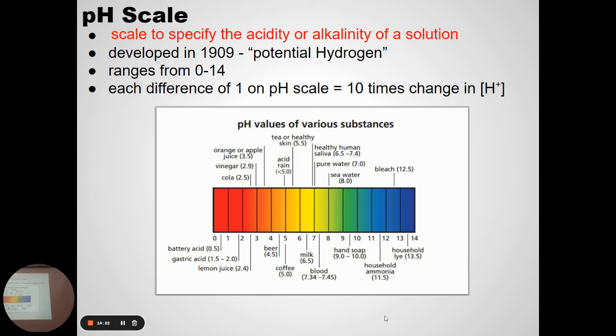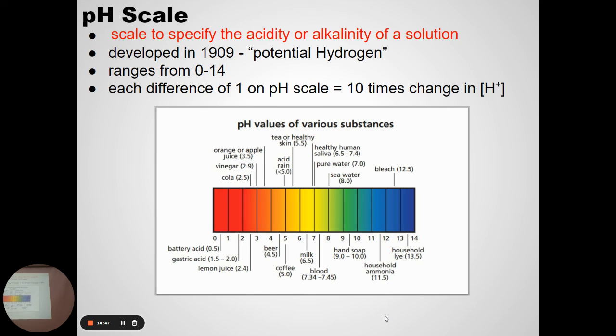Here's a graph of different substances. Some things are slightly acidic, like milk, which has a pH of 6.5. Coffee is pretty acidic. It has a pH of 5. So we get down to the low end, where things are dangerous. Battery acid has a pH of 0.5. It can burn your skin.